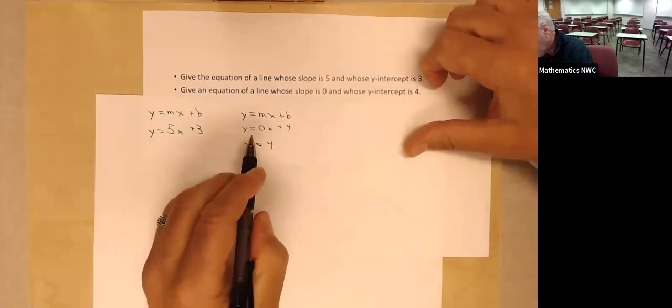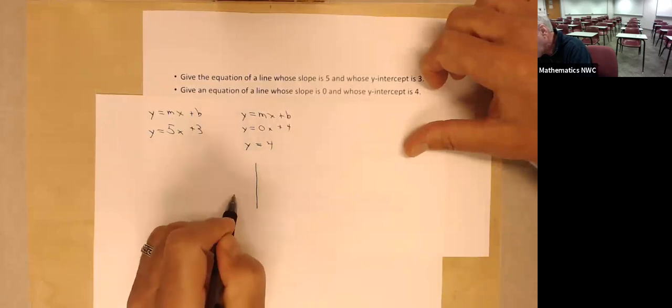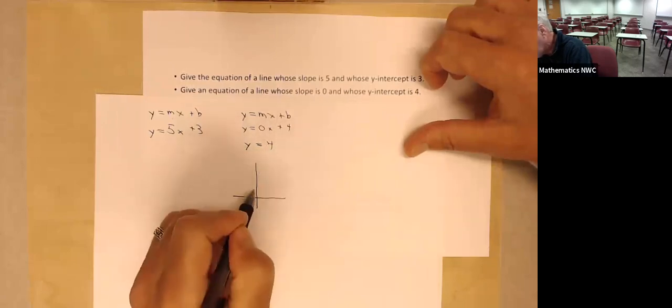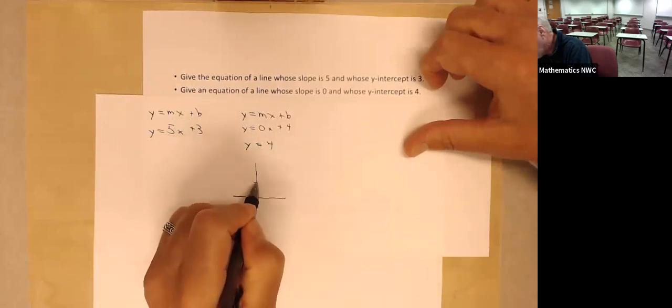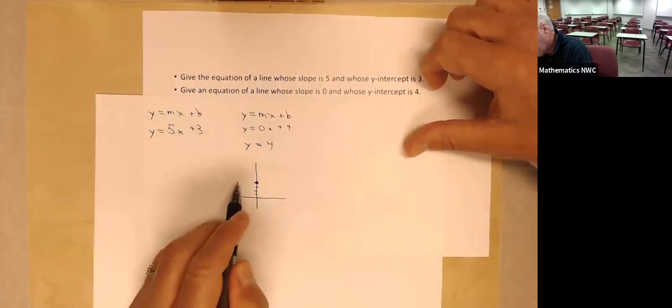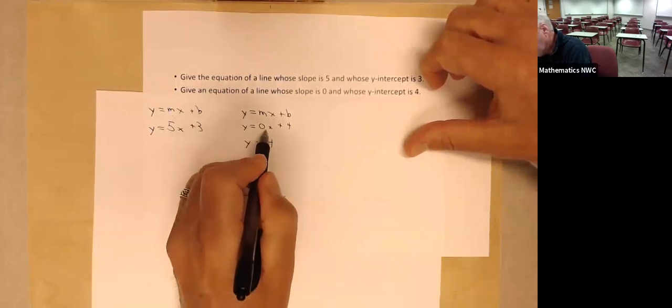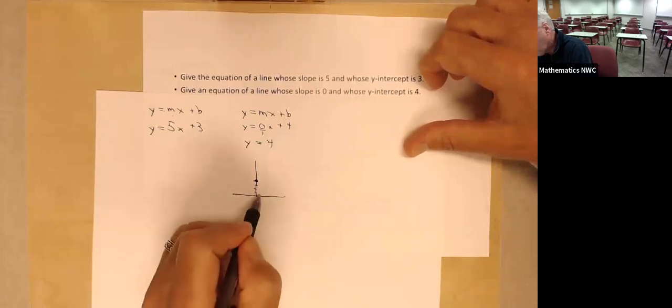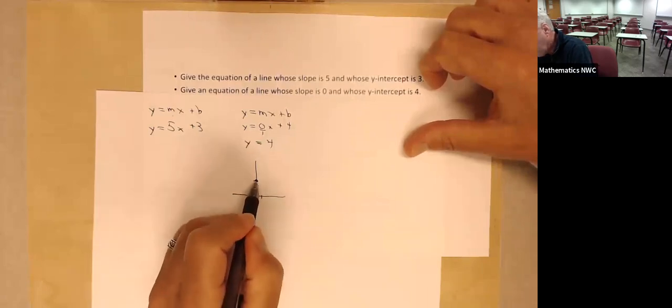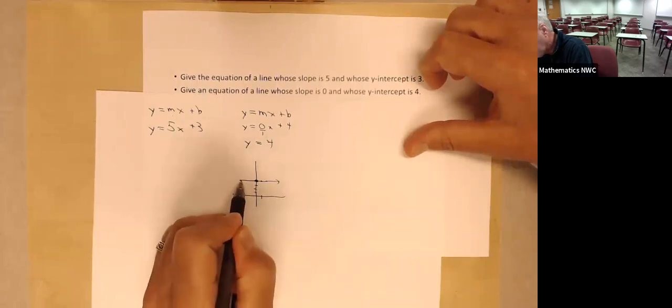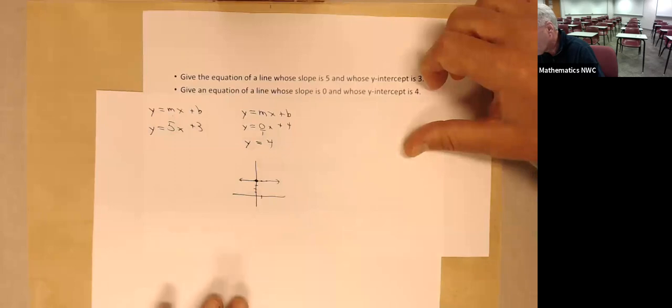Again, if you were asked to graph that, the y-intercept was 4. The slope is 0. You can imagine it as 0 over 1, which means I would go up or down 0 and just over 1, giving me again that horizontal line. We'll talk more about that in a few moments.